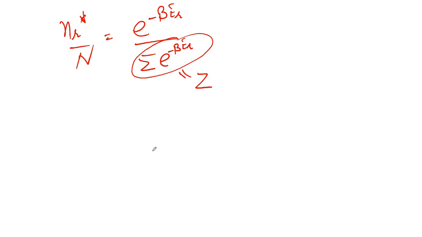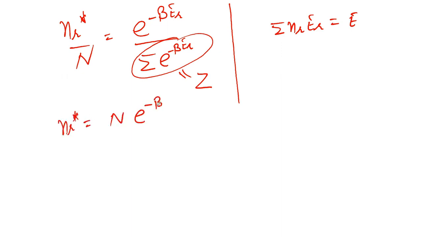Now, according to conditions, what are the given conditions? It is given that summation of nr into er is equal to capital E. Putting the value of nr star here at the maximized point, it comes out to be N into exponential of minus beta er over summation of e raised to power minus beta into er.